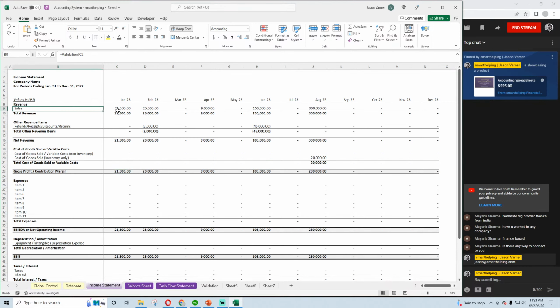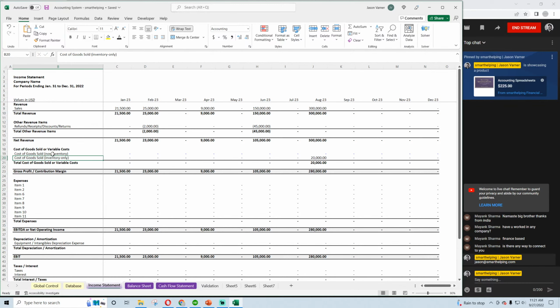We've got, let's work down the income statement. We have sales, we have refunds, this. Now, cost of goods sold, or potentially, I don't know if I want to call this variable costs. We're just going to put non-inventory cost of goods sold.